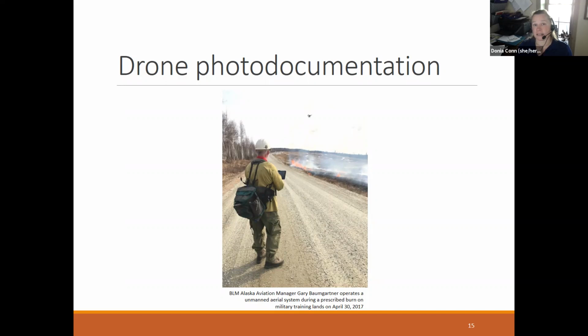But one of the things I learned doing the program in Massachusetts is that one of the departments of the state fire department is a special drone unit. And so your state fire department, your state fire academy, your state police may have access to drones.